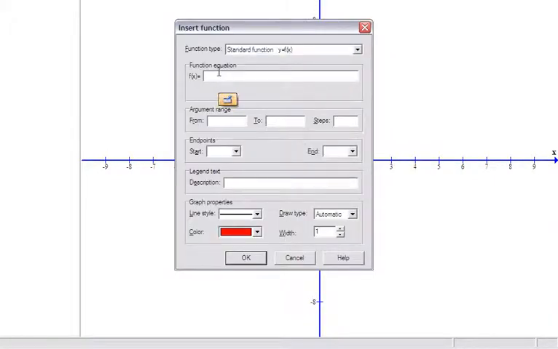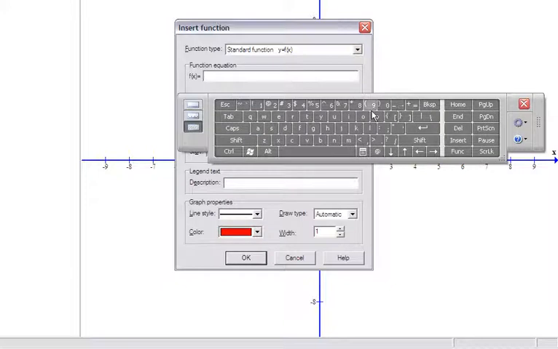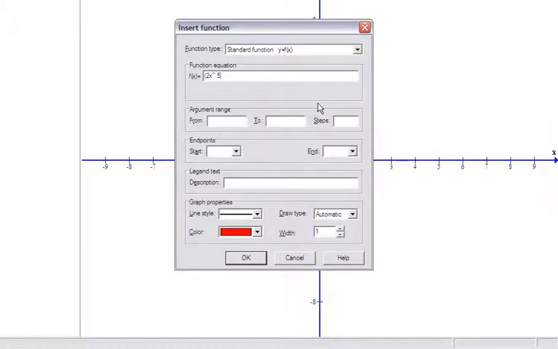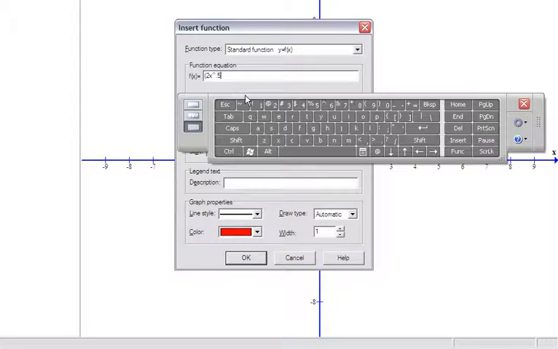I know there was a fraction. Okay, 2 square root x, so 2 times x. Now I don't have a square root on here, so what should I raise it to? Okay, so that is 2 square root x there. Plus 4, okay.